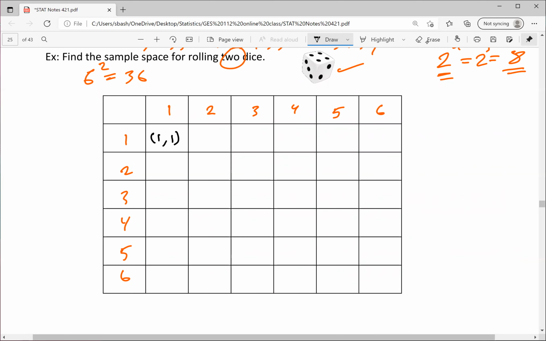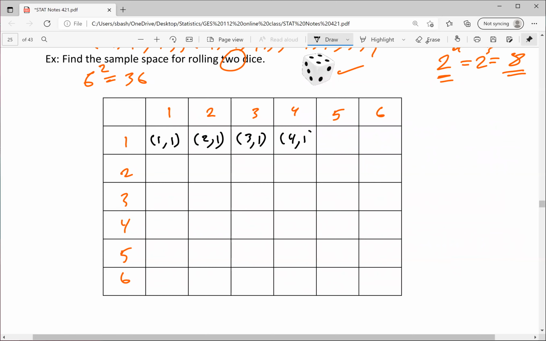The first one gives me 2, the second one 1. Then 3 and 1, 4 and 1, 5 and 1, 6 and 1.